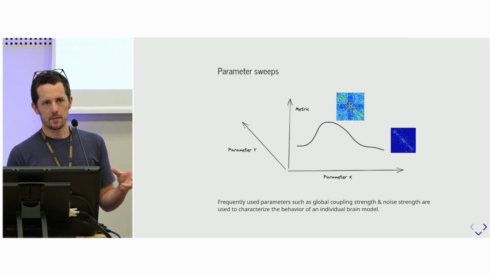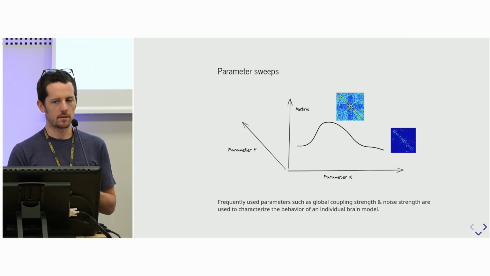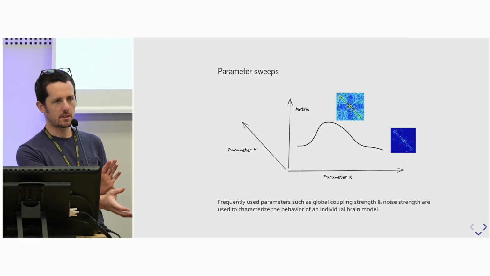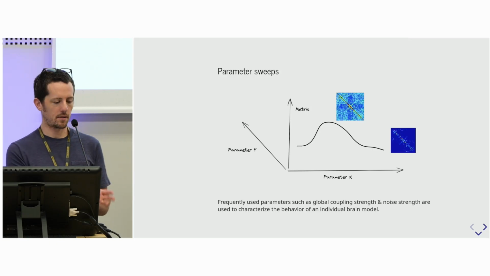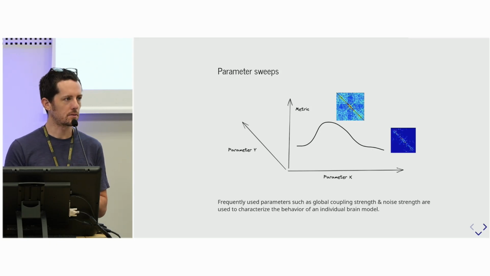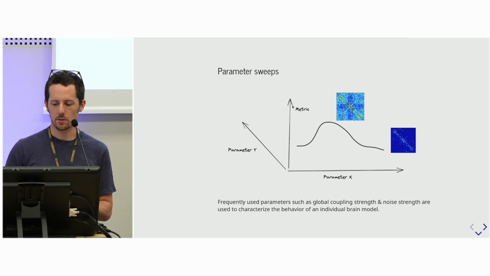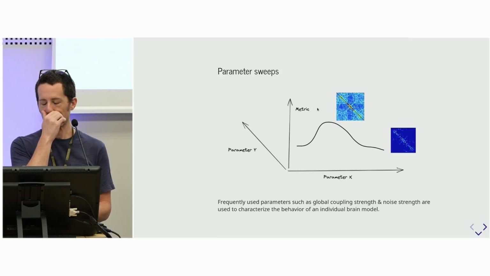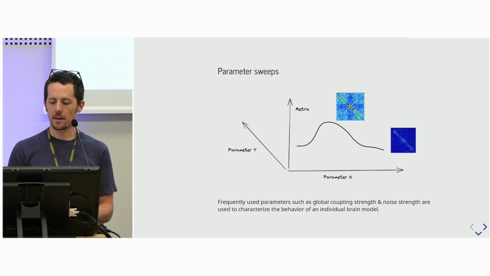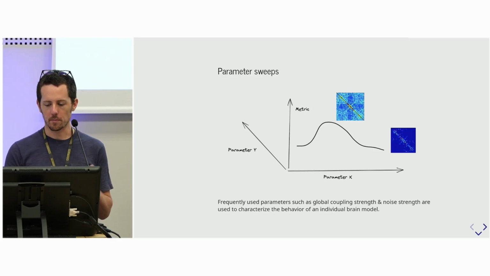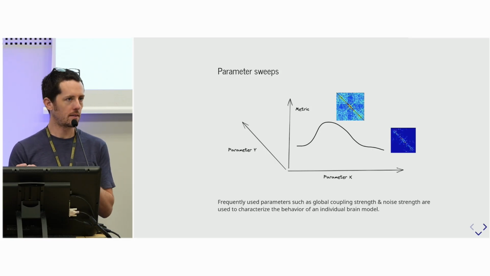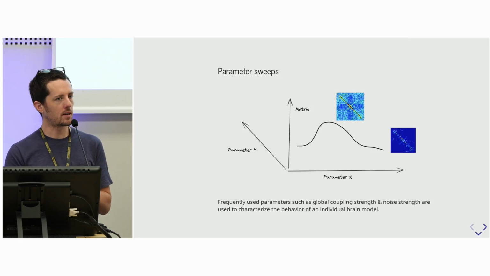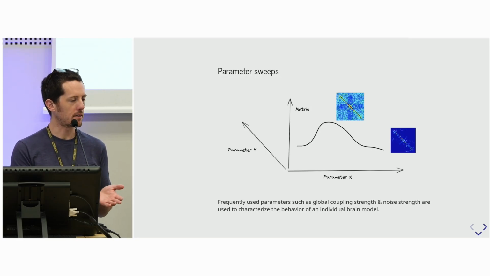Once we've built up this simulation, it generates one set of time series, and then we want to understand how this depends on the parameters of interest. For that, we need to do parameter sweeps. But we also need to choose a metric. That could be the stability as indexed by standard deviation or other metrics like metastability. But it could also be something that characterizes how well the simulation matches some empirical data.